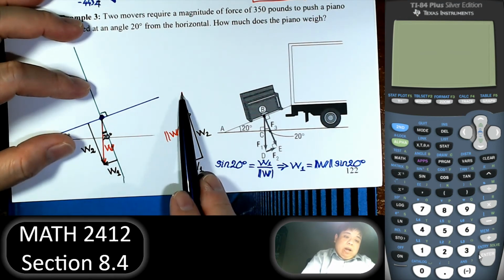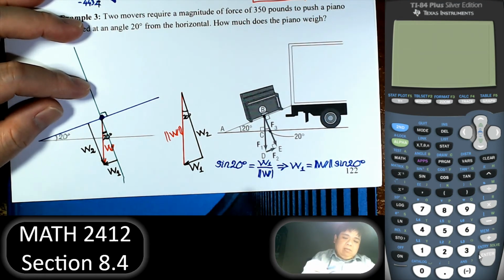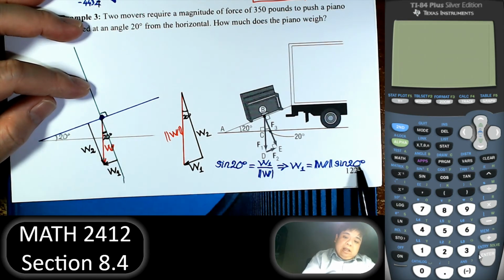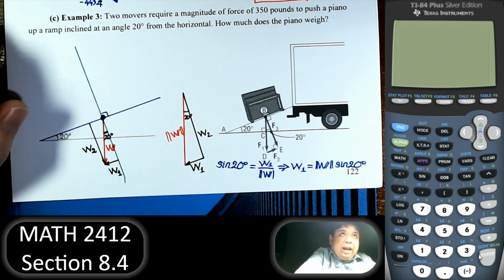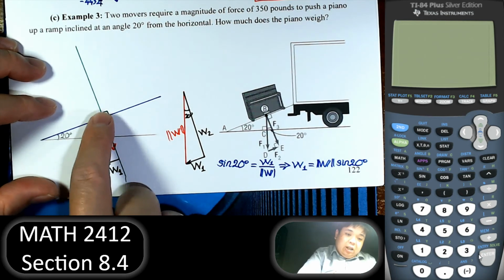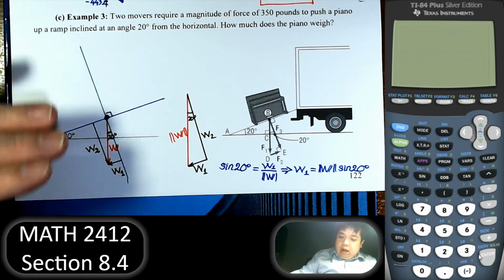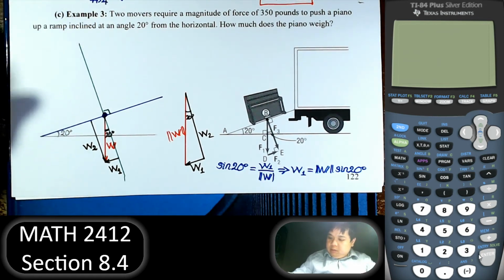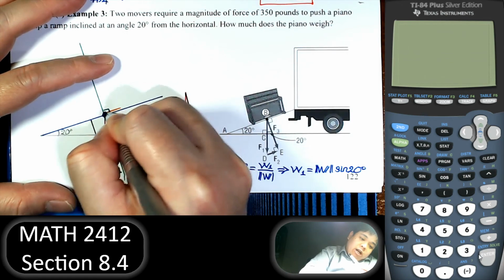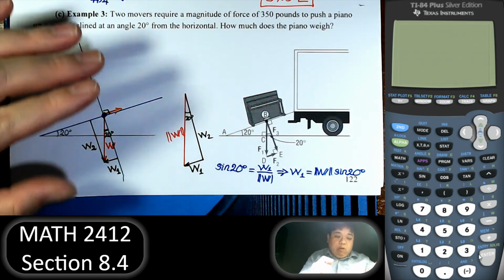So the weight will have two components. The component parallel to the ramp is that component. Now, in order for this not to pull down, we have to push the object up, so that the piano will move up the ramp.